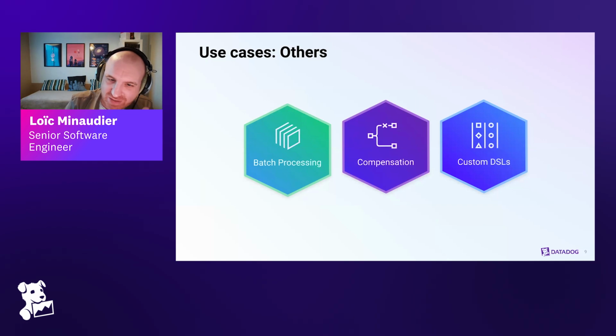But it's still not easy to write sagas in Temporal, because distributed transactions is a complex topic in itself. But without systems like Temporal, your life is usually even harder. Another thing is that we also use Temporal to implement batch processing. Batch processing workflows are often very long running.